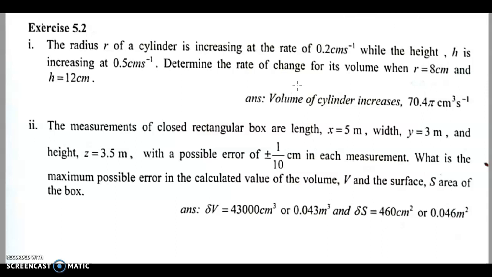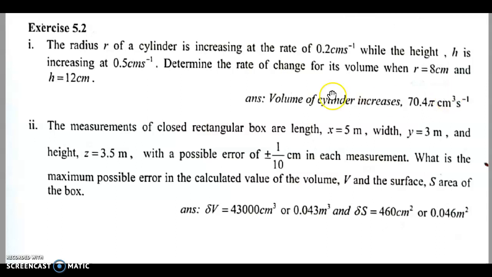And before we do any calculation, let's try to look at some expectation. What do you expect to be happening to the volume? Right? The answer says here, the volume of the cylinder increases. Of course, we know that because the height is increasing and the radius, the diameter, is increasing. Of course, the volume will also be increasing, but by how much?